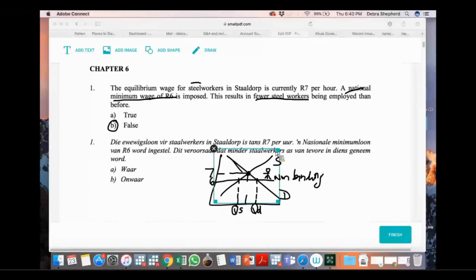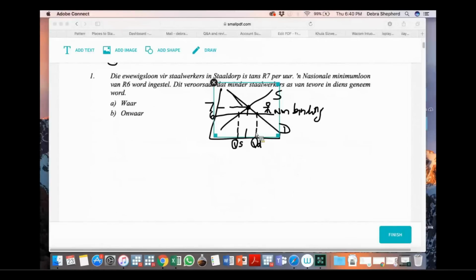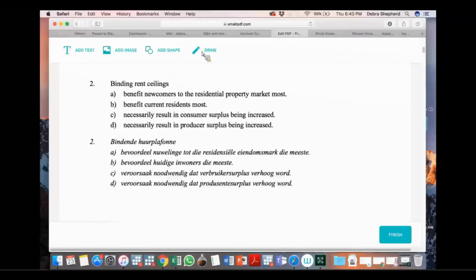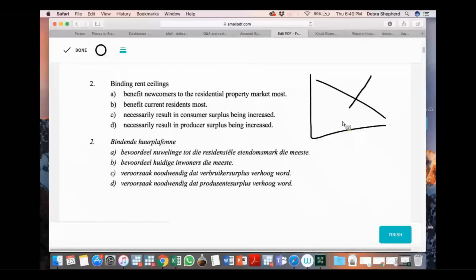So the next question then asks about binding rent ceilings, and essentially you have to figure out whether each of these statements is correct or incorrect. We've just talked about binding price floors. A binding price ceiling means that we have demand and supply, and in order for a price ceiling to be binding, it has to be set below equilibrium.